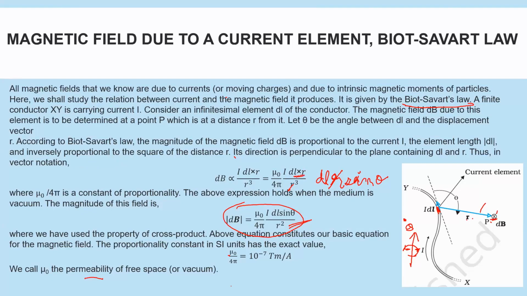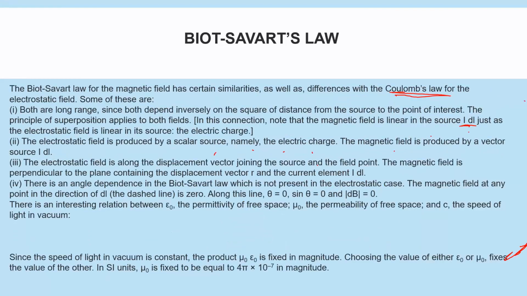This is a cross product, which is not the case in electrostatics. Electrostatic field is produced by a scalar source, the electric charge, which has no direction associated with it, but the magnetic field is a vector product, so it depends on the direction of the source.